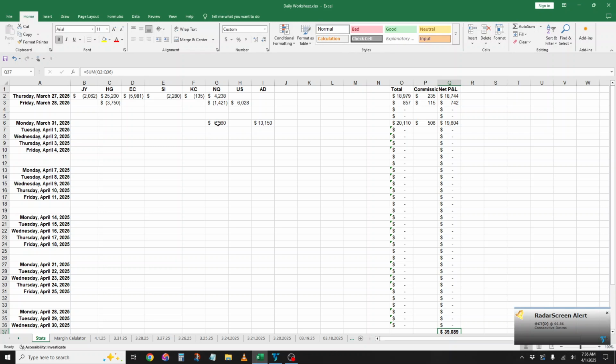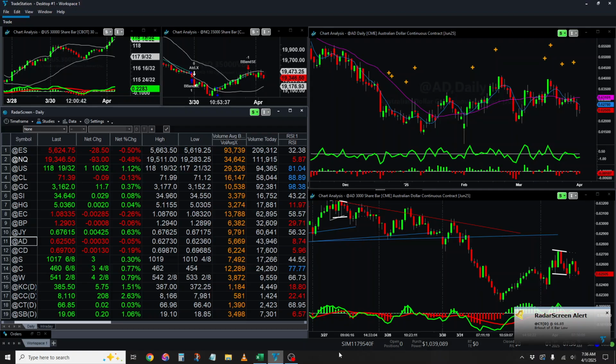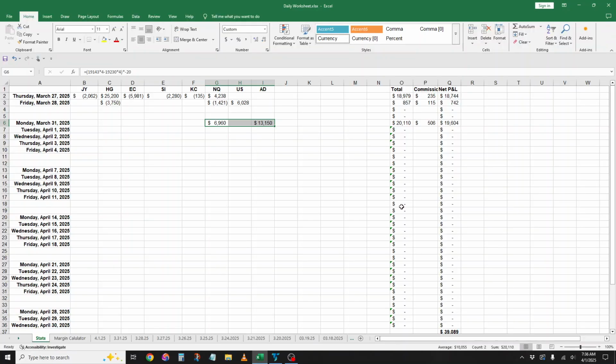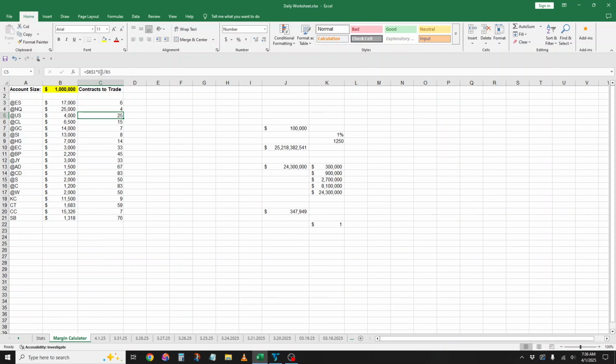Just to give you some context, the simulated account I'm trading is $1 million. It's now, as you see at the bottom here, 1,039,089. But to give you an idea of the actual capital being used, when I do my margin calculator, you can see this 0.1 here.